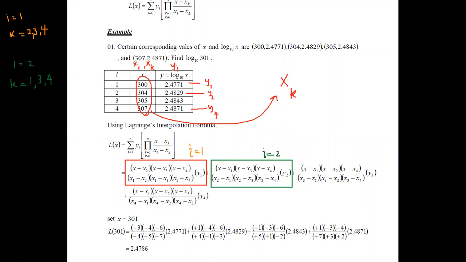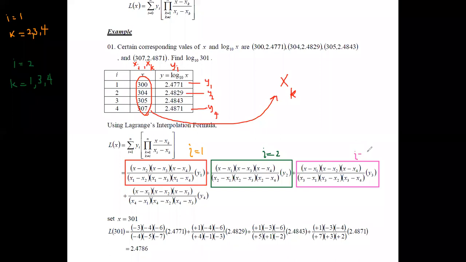Accordingly, the third one is for i equals 3. If I set i equals 3, we'll see what the possible values are that we can take for k. Here you can see that the value of i is now equal to 3. Therefore, the value of k is equal to 1, 2 and 4.